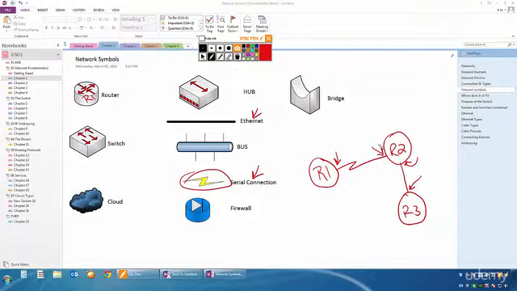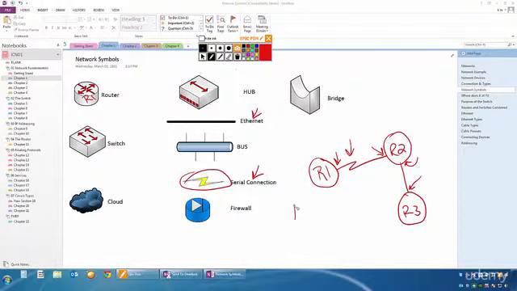If I say, hey, I got a serial connection, you're going to know, okay, I'm going to need a serial cable and obviously a serial port to plug into it. And if my router doesn't have a serial port, guess what? I can't have a serial connection. If the router only has one fast Ethernet port, that means I can only have one other router plugged into me via Ethernet.